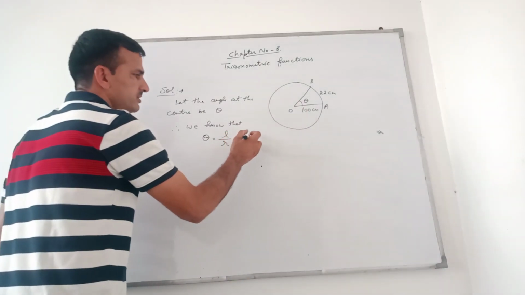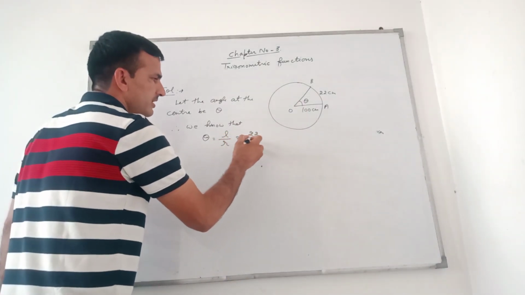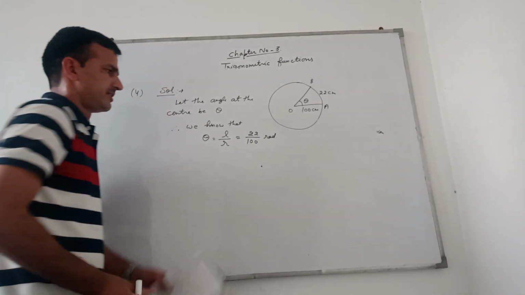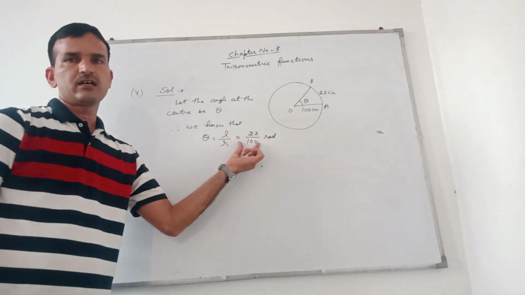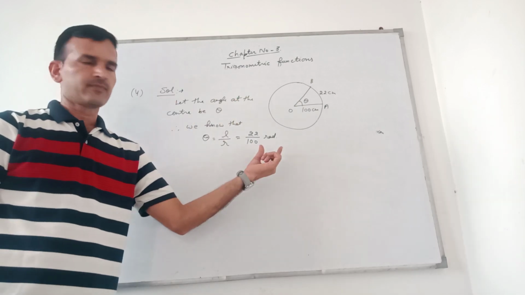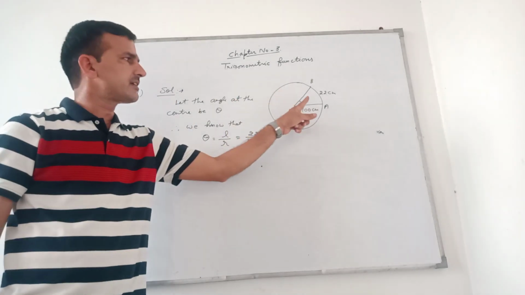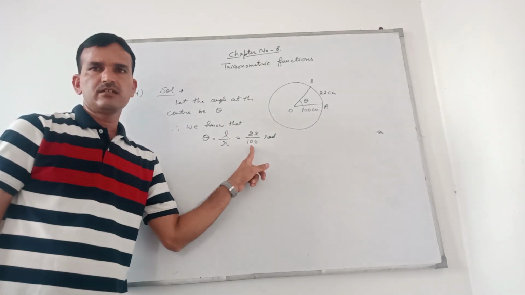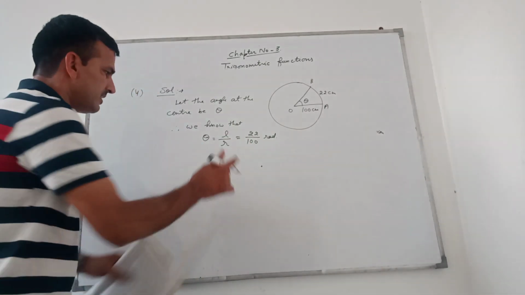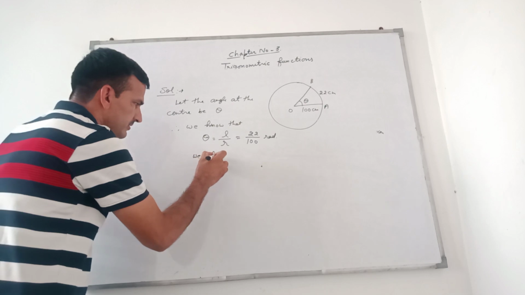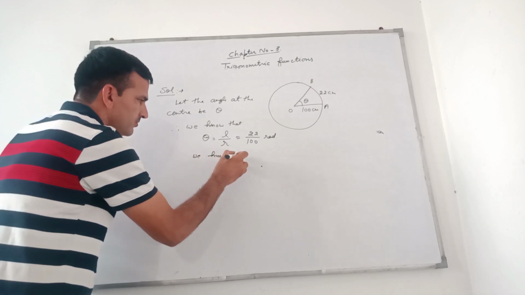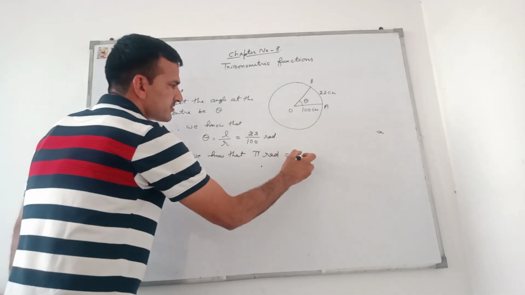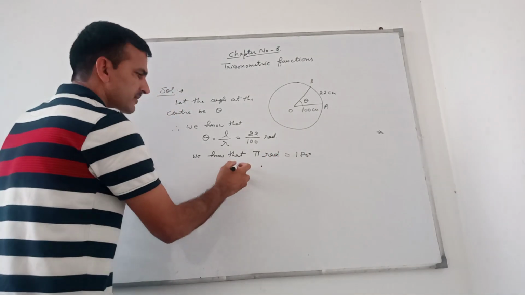Put the values: 22 by 100, and this angle is in radian. But we have to find this angle theta in degree. Now convert this radian into degree. We know that pi radian is equal to 180 degree.